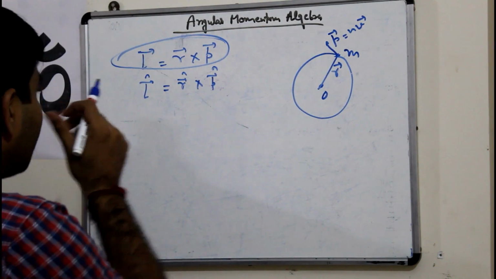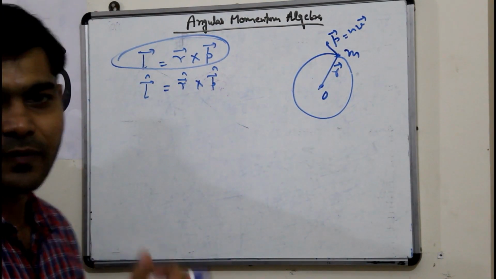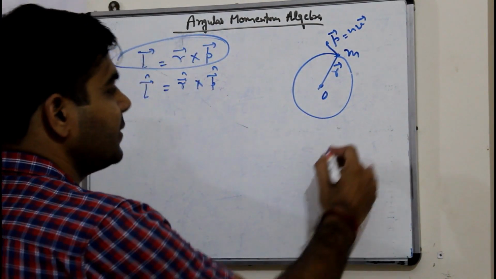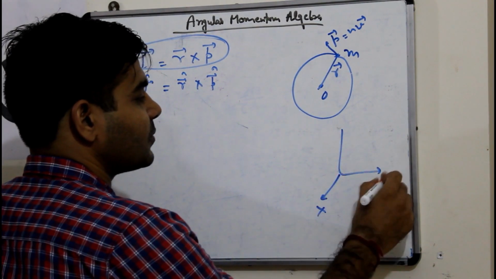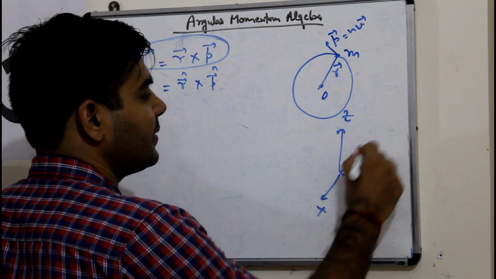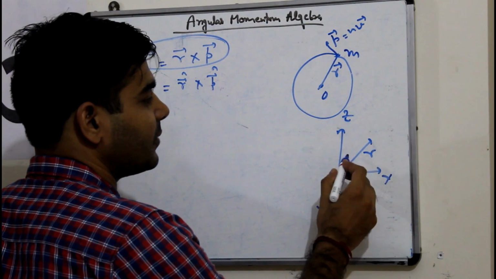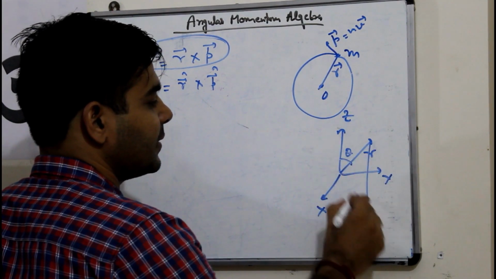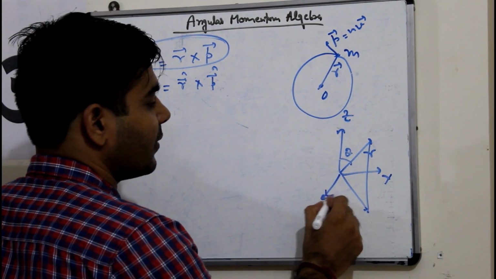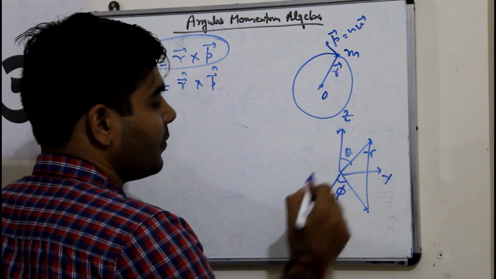Okay, let me start with the x component of this relation. Since it is a vector, it has an x component, y component and z component in 3 dimensions. Suppose this is my x, y and z. Any vector r in 3 dimensions will have 3 components along the z axis, y axis and x axis.